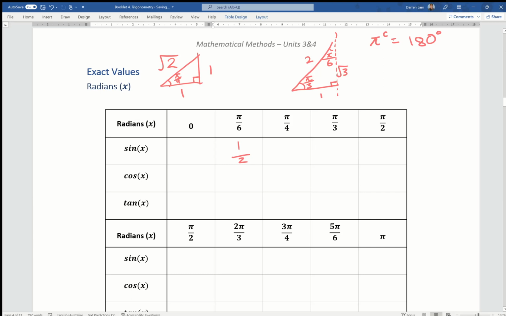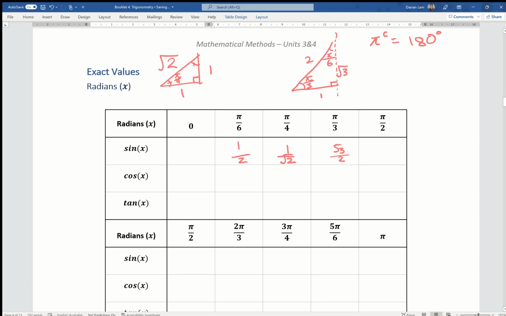If I go the other way and say, okay, well, I've got pi on 3. Let's look at the opposite, which is root 3, over the hypotenuse, which is 2. If I use the pi on 4 one, which of course these two are the same angle, by the way. If I look at the pi on 4 opposite over hypotenuse, 1 over root 2.